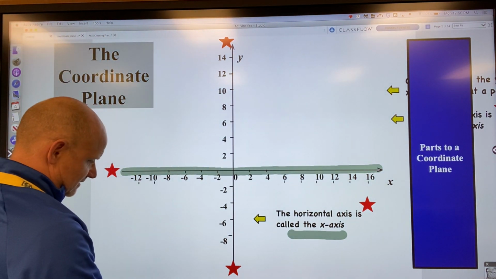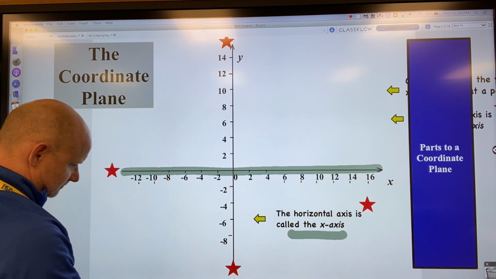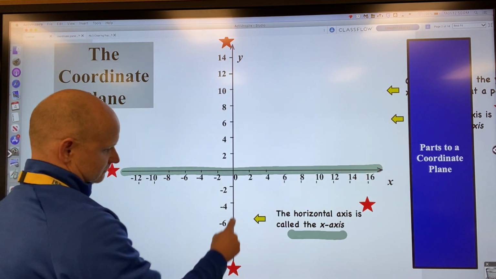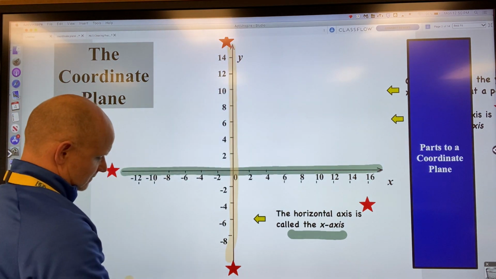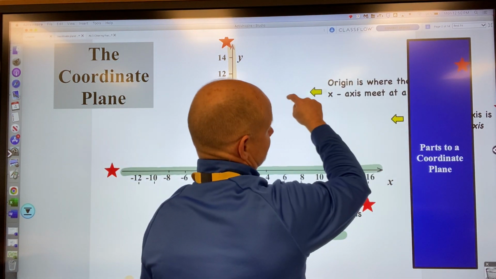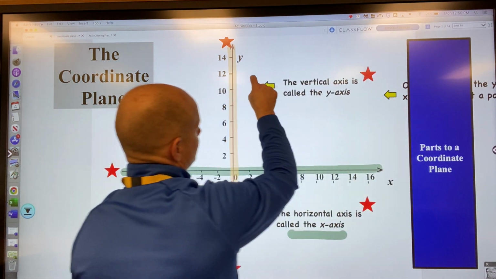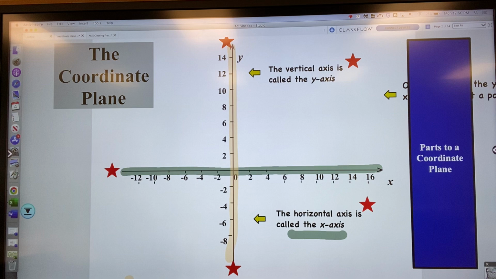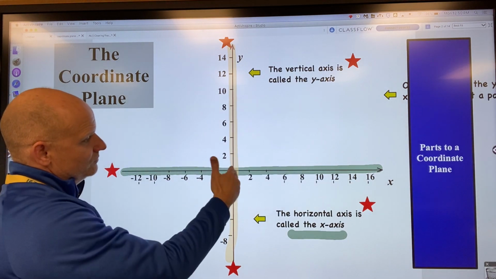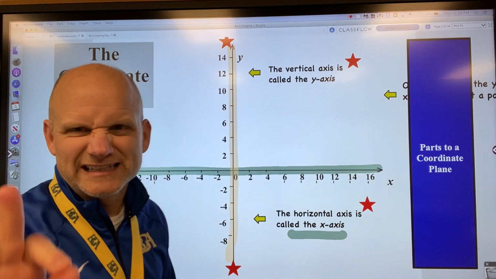And the vertical line is known as the y-axis. And also notice, the numbers, let's not talk about that yet.